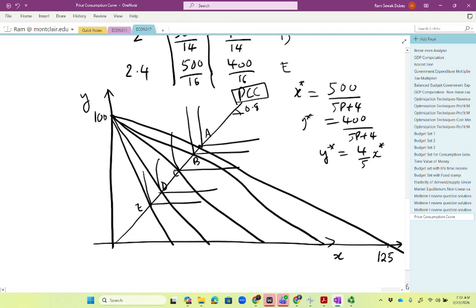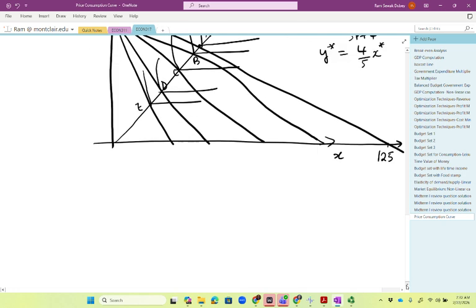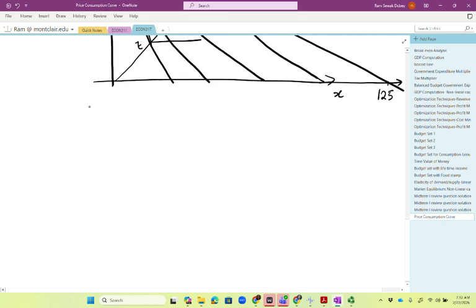I can use this information also to draw the demand curve for good X. Rather, we will draw the inverse demand curve, but we will first list down the choices made by the consumer when the only parameter that changes is the price of good X, while the price of good Y and income remain the same.